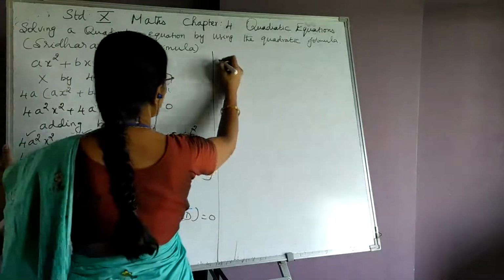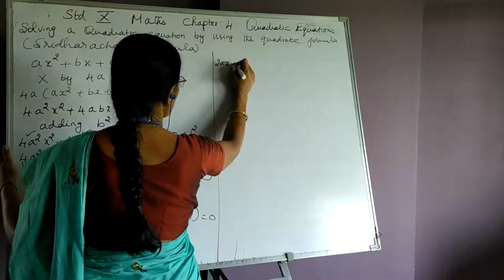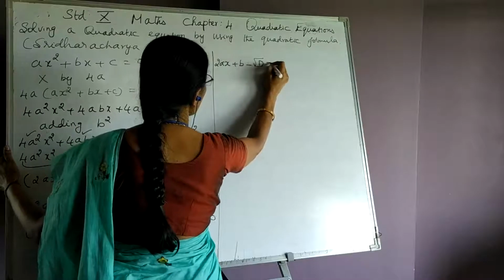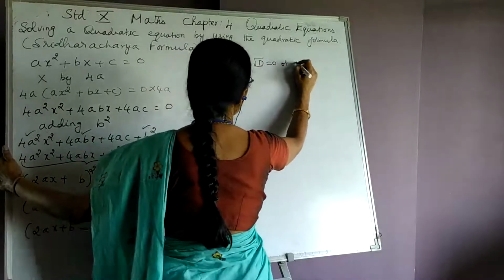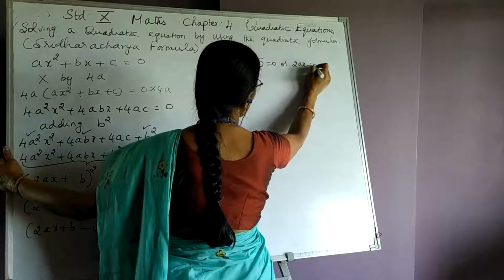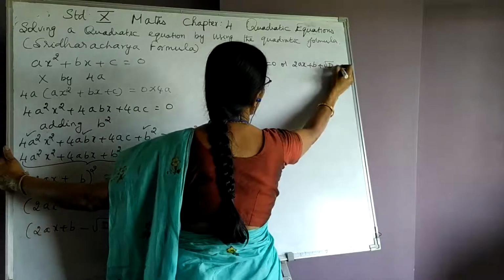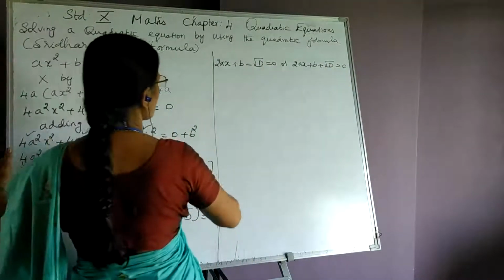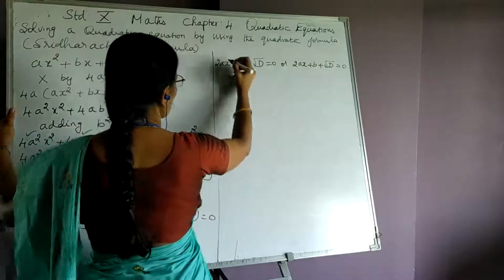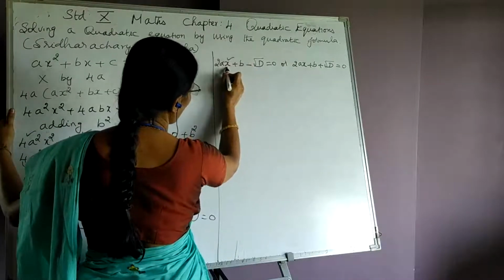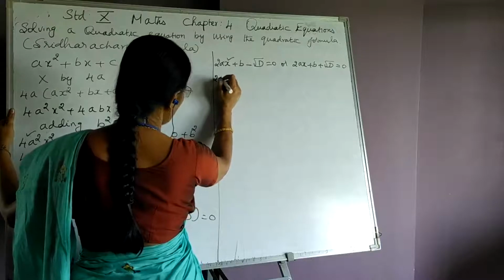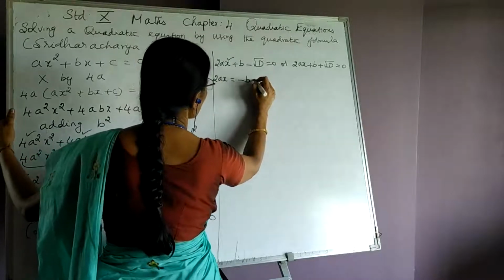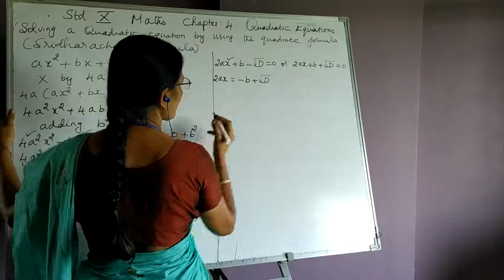So we are going to solve each factor. 2ax plus b minus root d equal to 0, or 2ax plus b plus root d equal to 0. As before, each factor is equated to 0. We are finding the roots. Roots means the value of what? Value of x. So I keep only 2ax on the same side. Remaining terms are taken to the other side.